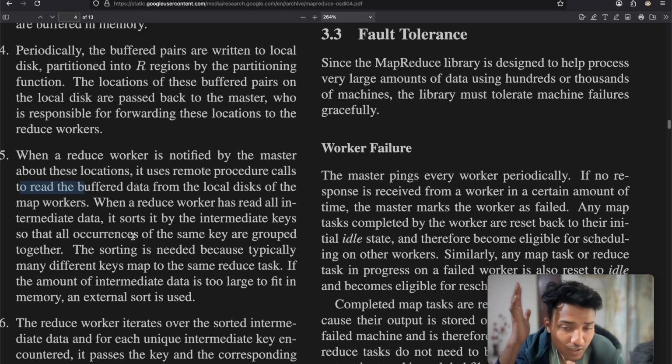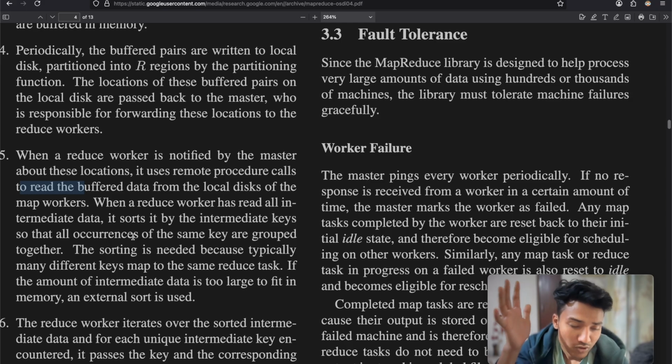I'm not sure, but I think the user has to write some reasonable partitioning function, because that is the only way that we can have similar or same keys grouped in a single worker.